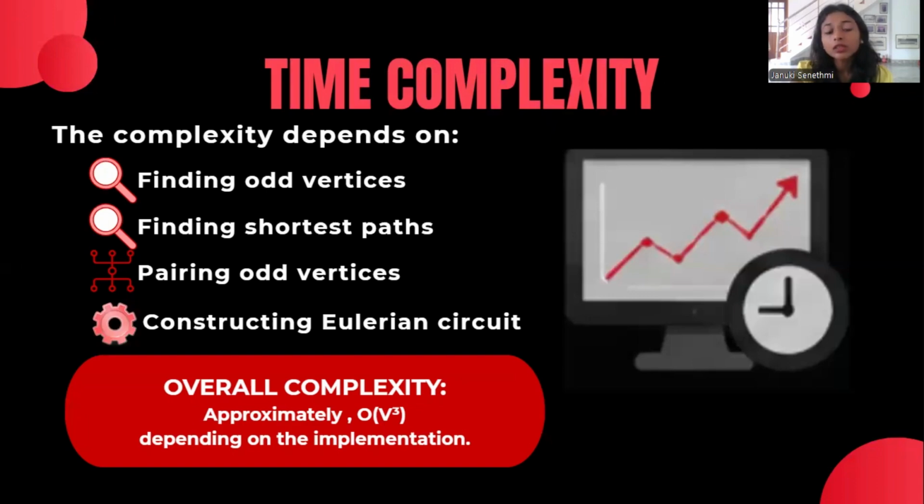Finally, constructing the Eulerian circuit is comparatively efficient. Overall, the complexity is commonly around O(V cubed), depending on the implementation and shortest path algorithm used. For small and medium-sized graphs, this algorithm performs really well.